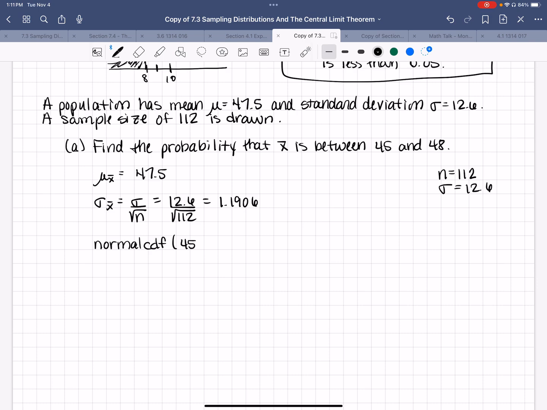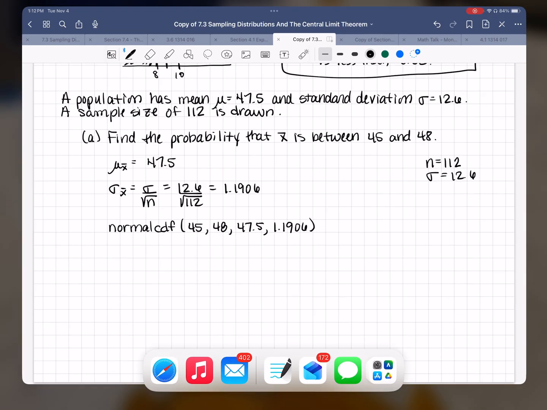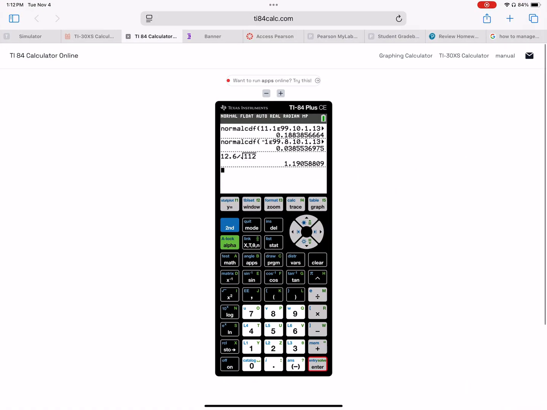Okay, so we want between 45 and 48. So lower limit's 45, upper limit's 48. I have a mean of 47.5 and a standard deviation of 1.1906. So if I go back, I'm just going to clear this. I'm going to say second vars. I'm going to say 2. I'm going between 45 and 48.